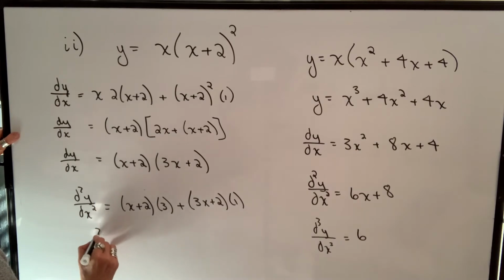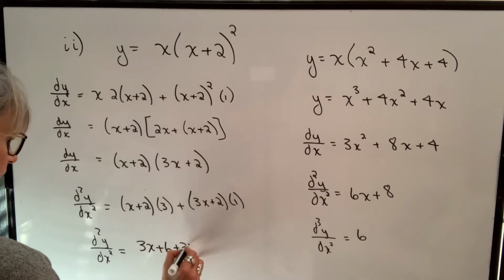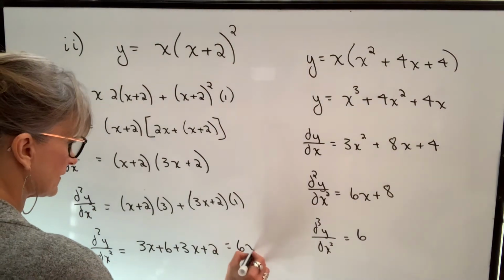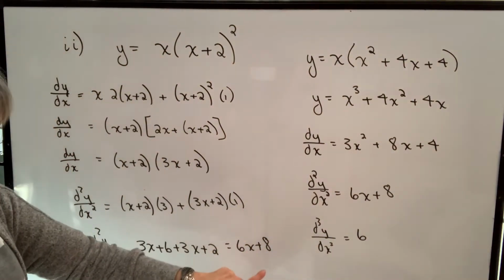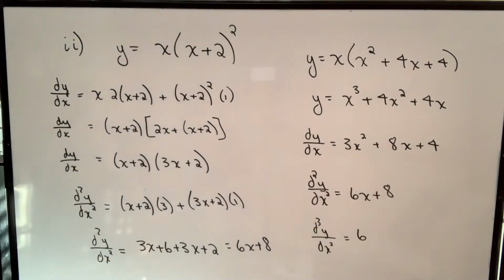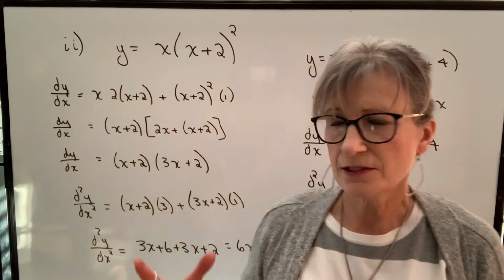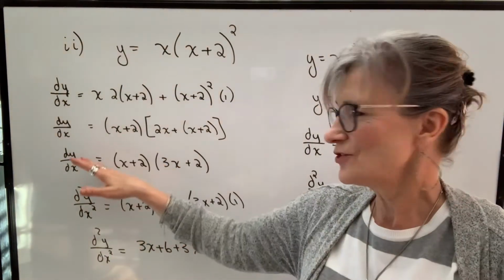And then I could simplify this and get 6x plus 8. Then my third derivative, now this is the same as the function here, and we can continue. So your rules will still work, your product rule, your quotient rule, your power rules, they still work with second and higher derivatives, but it's usually going to be more work.